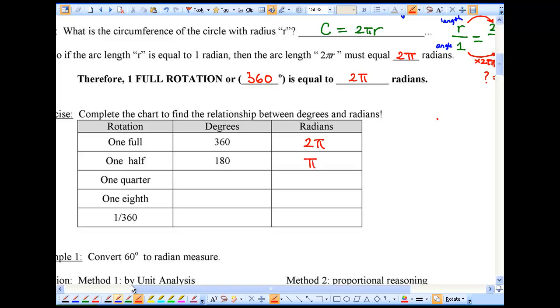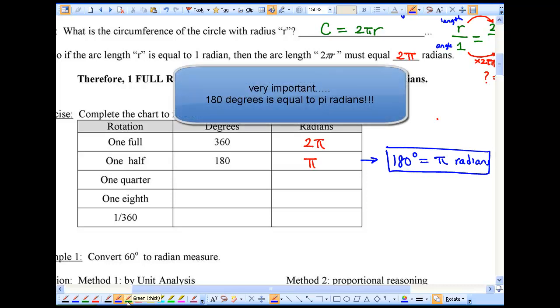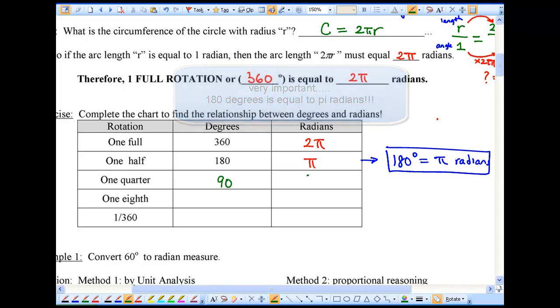So a lot of times textbooks use this and say 180 degrees equals pi radians. So keep that in mind. Okay, I'm going to box this. We can go further and say, how about 1/4? Well, 1/4 seems to be 90 degrees, right? 1/4 of 360. And so 1/4 of 2 pi is just pi over 2.